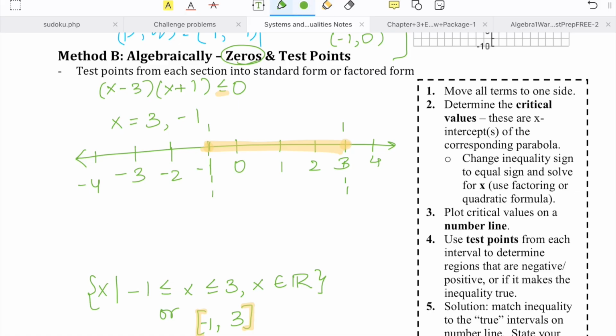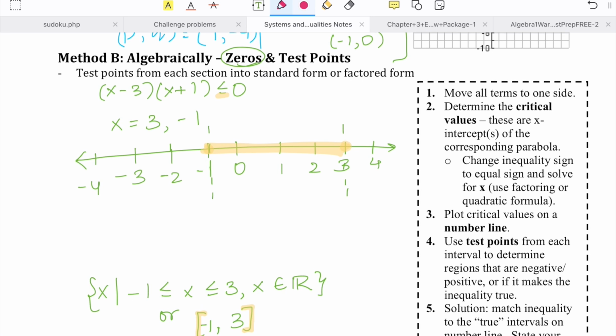Now, before I'm done with everything, I need to make sure and verify using test points. Okay, so my test point over here, let's say x is equal to -2. I'm going to use that. I'm going to use x is equal to 0 for that one. Let's put this into my original equation.